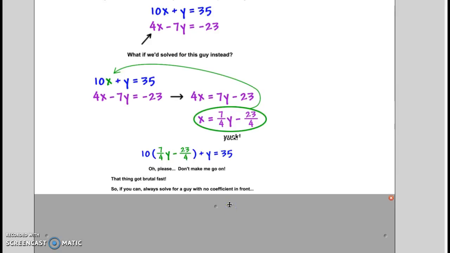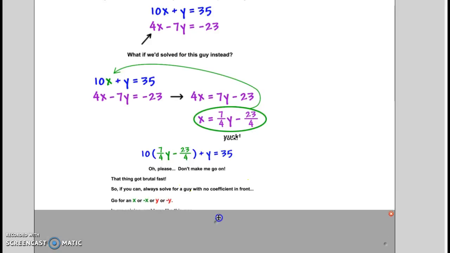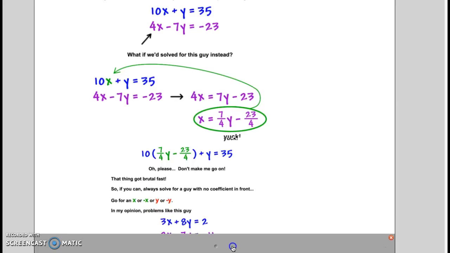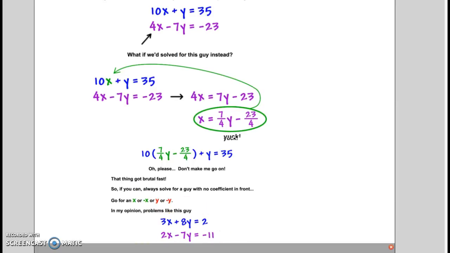So if you can, always solve for a variable with a coefficient of 1 or -1. And here he says x, -x, y, or -y. So if you get to this type of a problem, we shouldn't use substitution. There's a third way we're going to solve systems tomorrow called elimination. So if I get something this brutal, we're not going to use substitution.